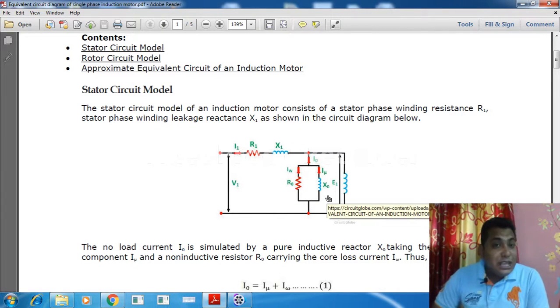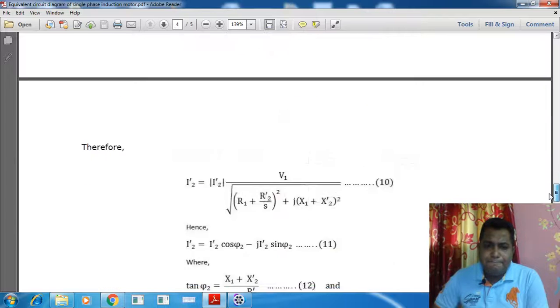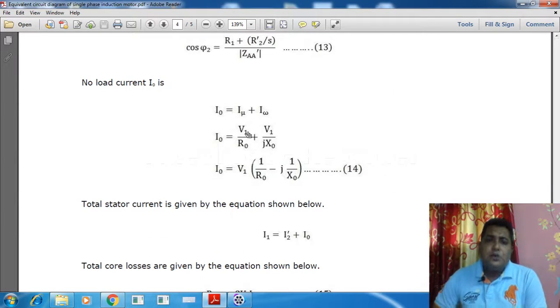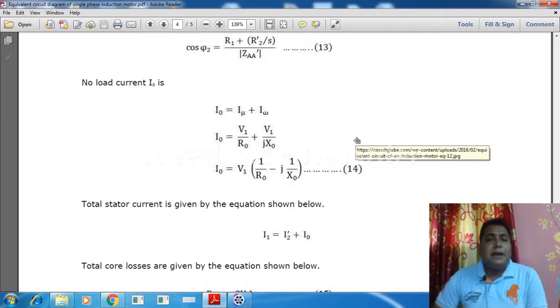So what is the voltage appearing across the terminal? That is the supply voltage V1. So that's why we are writing V1 by R0 plus V1 by jX0.